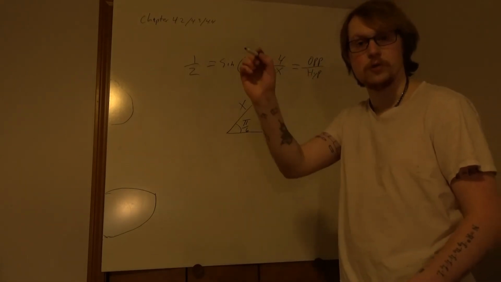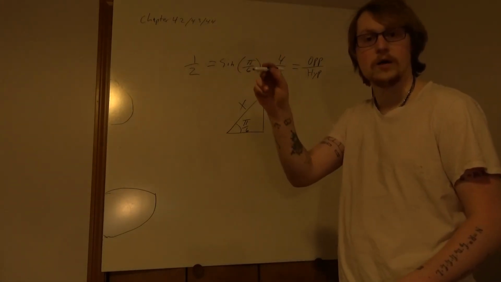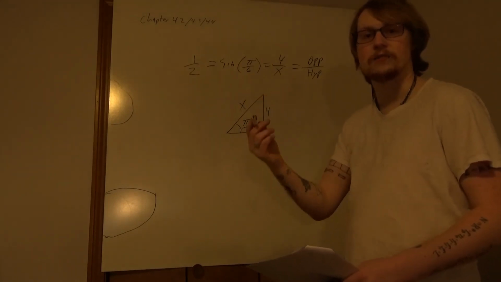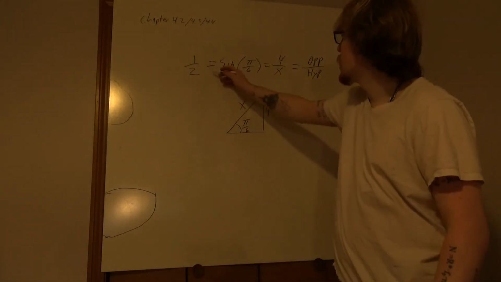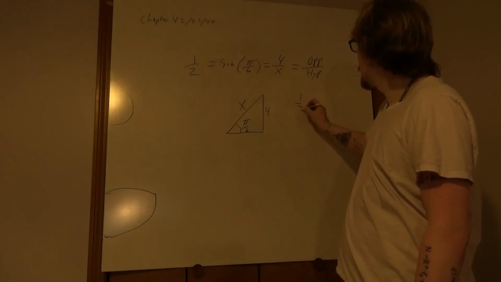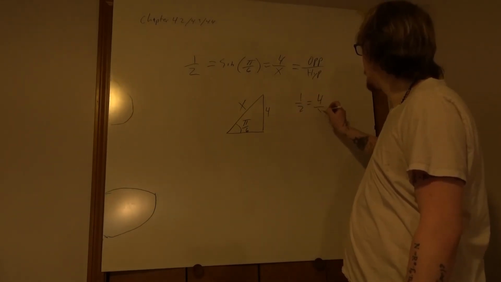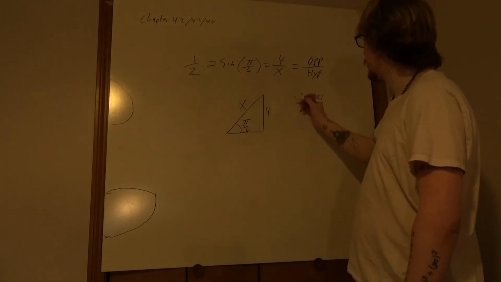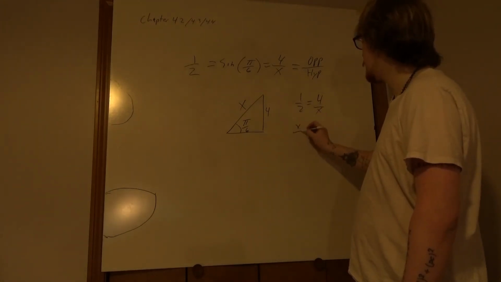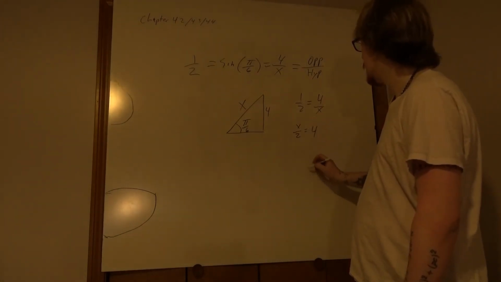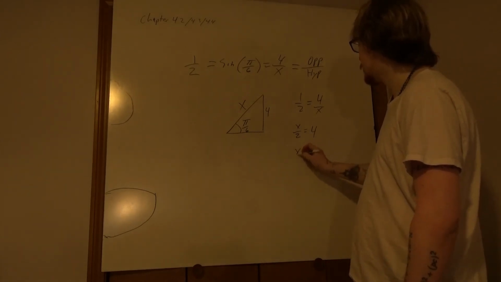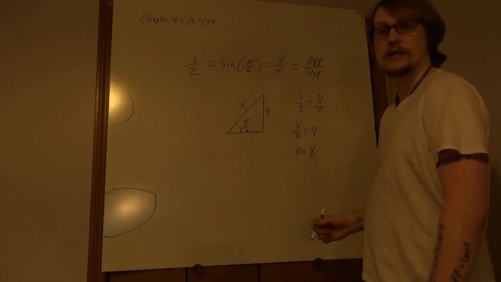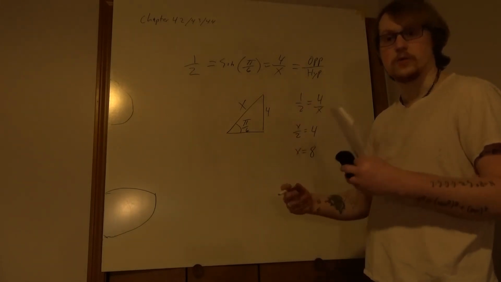We just go to pi over 6 and look at the y coordinate, because cosine gives you the x value and sine gives you the y value. So we have this relationship, and it's really easy to solve. We multiply by x on both sides, and then multiply by 2 on both sides, and we get that x equals 8. That's the answer for this question.